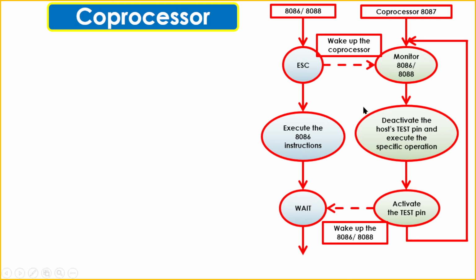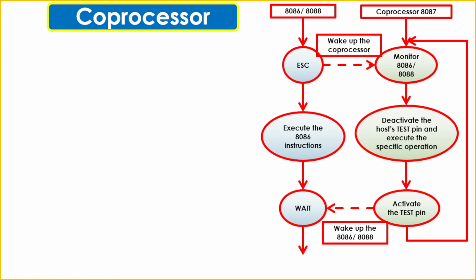Till then the microprocessor will be idle, because only one processor can execute instructions from a common memory and common IO devices. That's the process. So once again, I am repeating: the 86 executes instructions from memory. For every instruction the 87 is monitoring continuously. If the 87 finds any escape, then the 87 will take over control of the bus and memory.